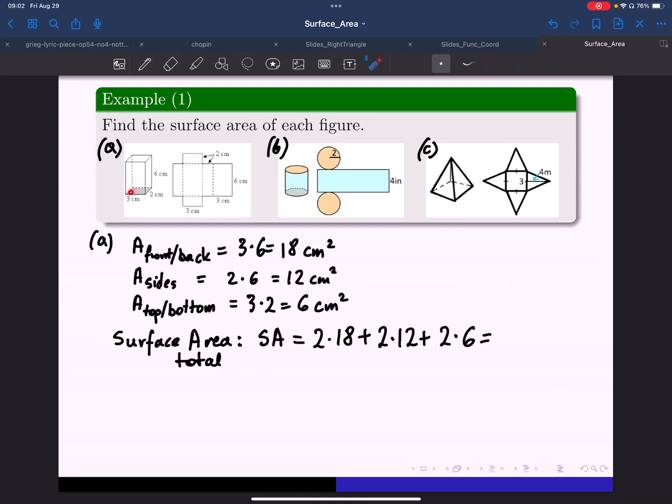The top is here, it's 6 plus another 6, or 2 times them, 2 of them. And when we add this all together, 2 times 18 is 36, 2 times 12 is 24, 2 times 6 is 12, and if I add all of that together, I will get 72 centimeters square. So the surface area for part A is 72 centimeters square.